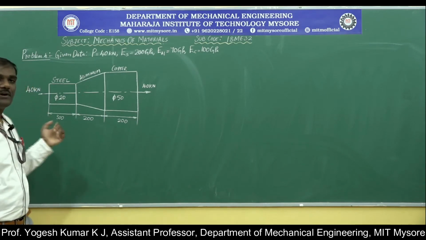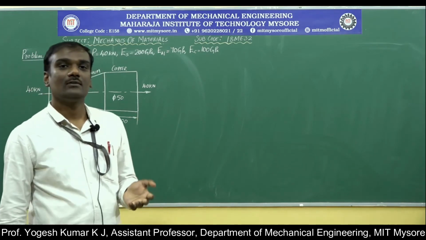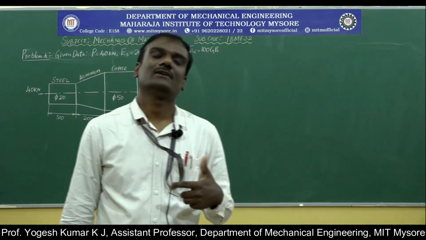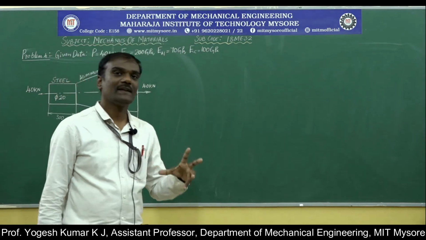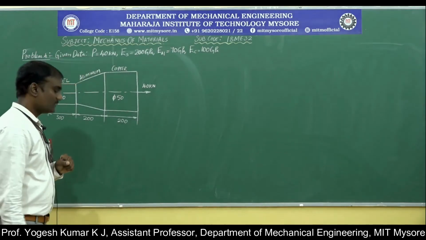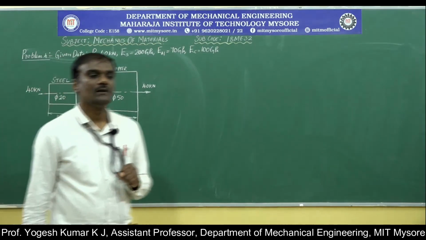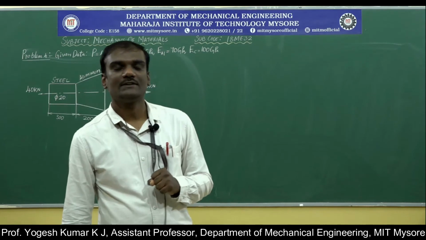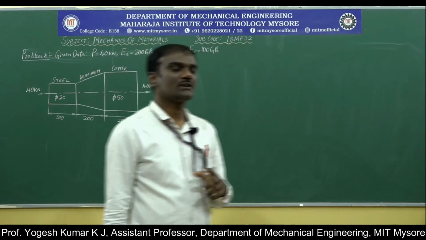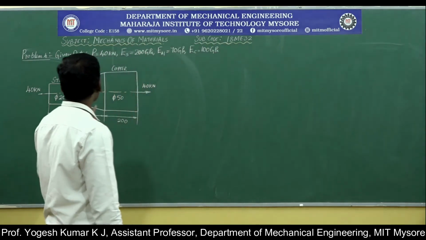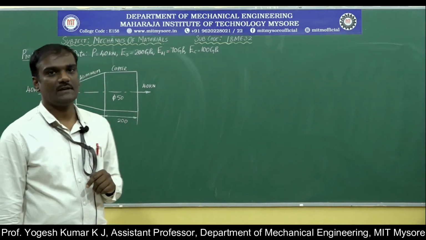Here we have been given a stepped bar, and along with the steps we have a tapering section also. The problem statement goes like this. A stepped bar as shown in the figure is subjected to an external load of P equals 40 kilonewton.